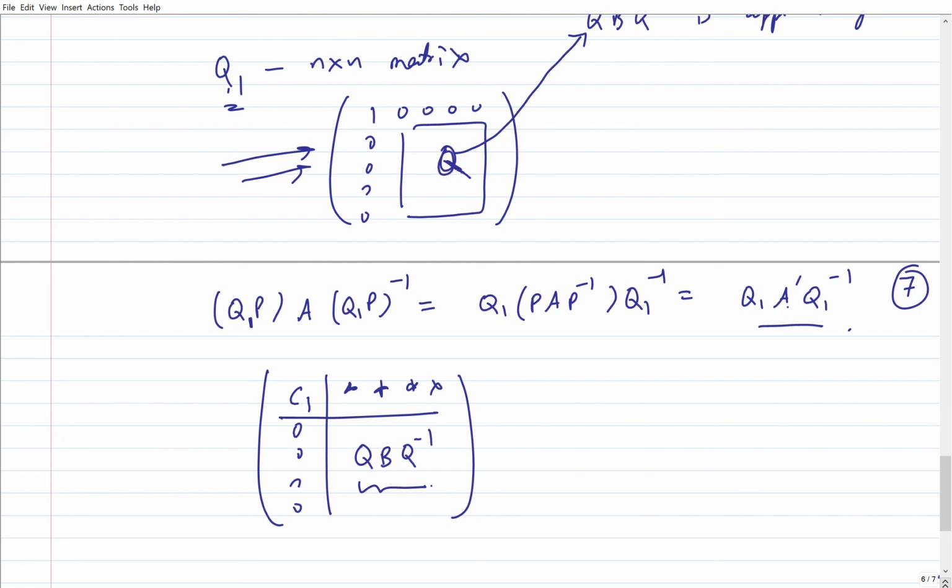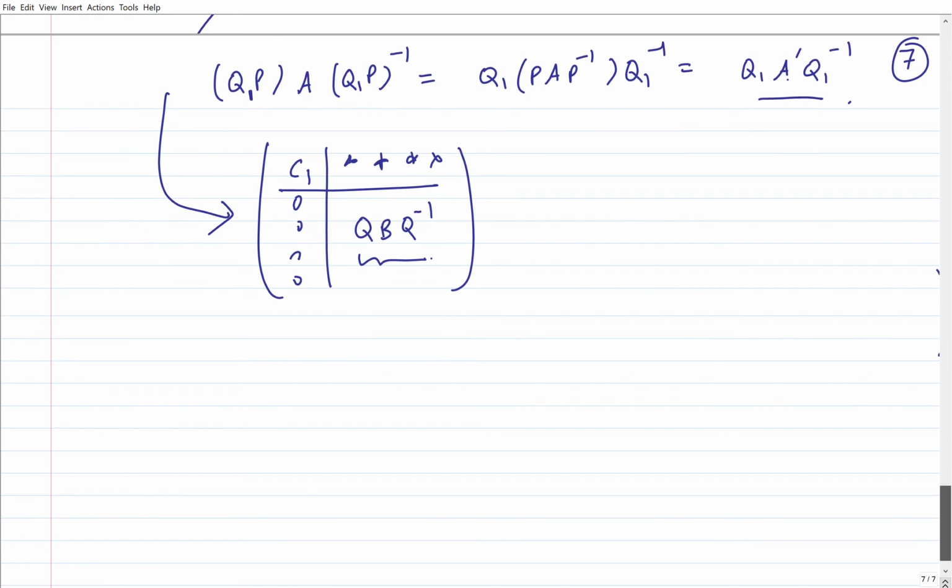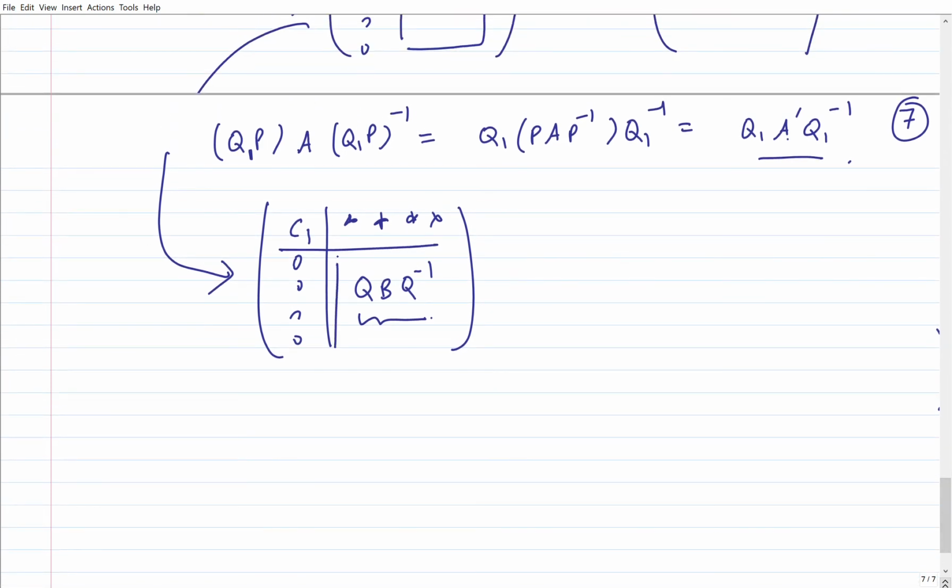So I have this Q1, I put it in A prime and I put it as Q1 minus 1. That is going to have the desired effect on this guy to have this particular form. And through my induction hypothesis, I already know that this is an upper triangular matrix. So the combination is that A has the form of an upper triangular matrix.